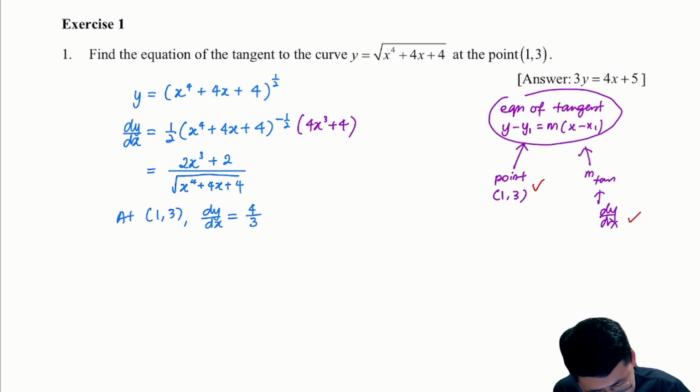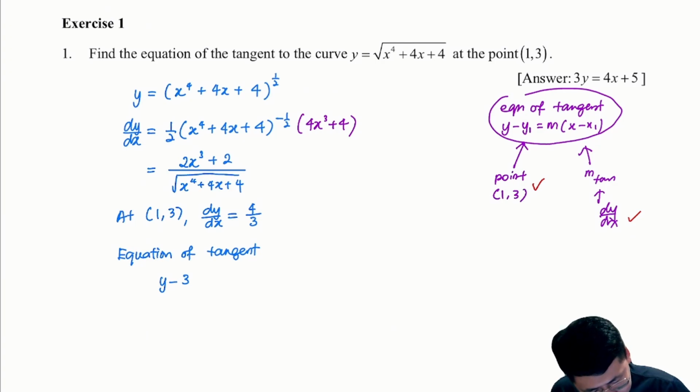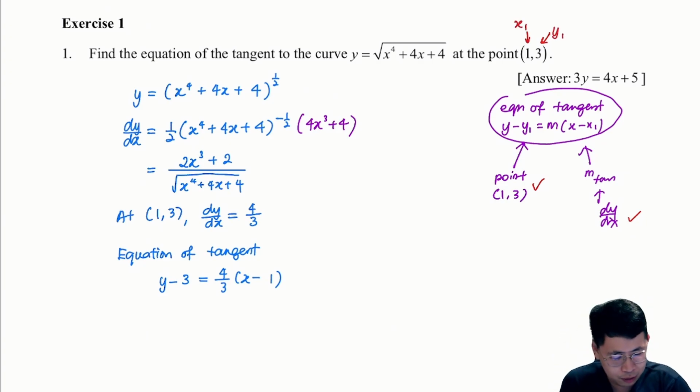Now at the end, what do we need to do next? We have to write down the equation of tangent. So the equation of tangent is y minus y1 equals to the gradient times (x minus x1). In case you don't know, this is y1 and this is x1, the point over here.